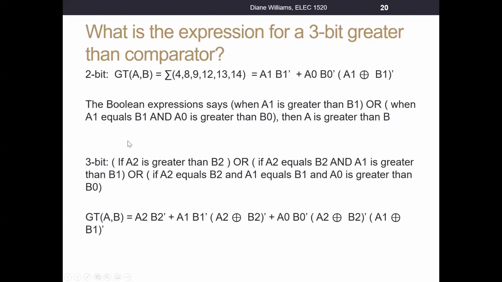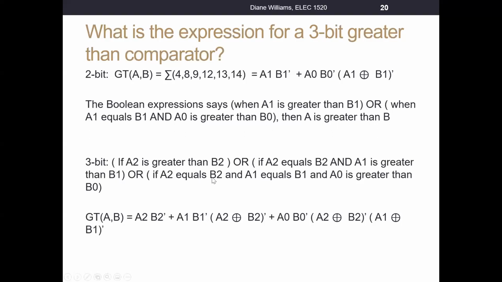And intuitively, then we could extend it to if A2 is greater than B2, right? If A2 is greater than B2, A is going to be greater than B. It won't matter what the rest are. Or if A2 equals B2 and A1 is greater than B1, then we don't care about A0 and B0 because we know that A will be greater than B. Finally, there's another OR condition in there, right?